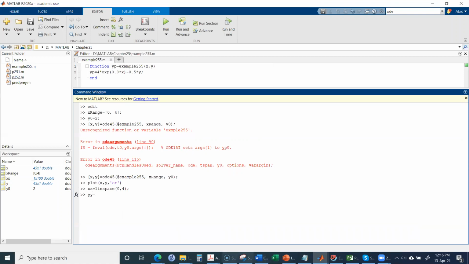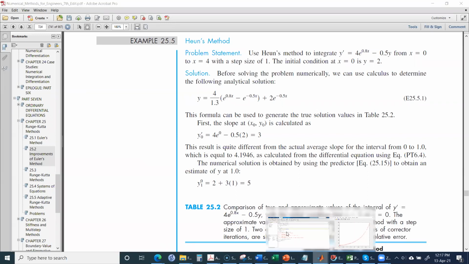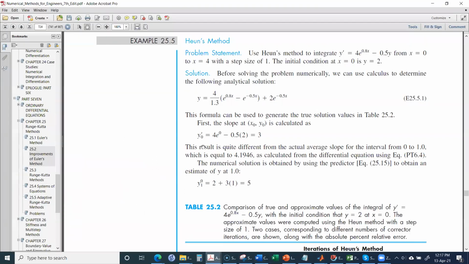So what was the analytical solution? I have to type it over here. The analytical solution was 4 divided by 1.3, multiplied by exponent 0.8x.